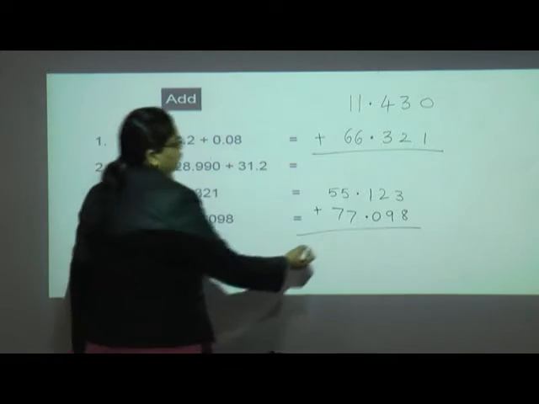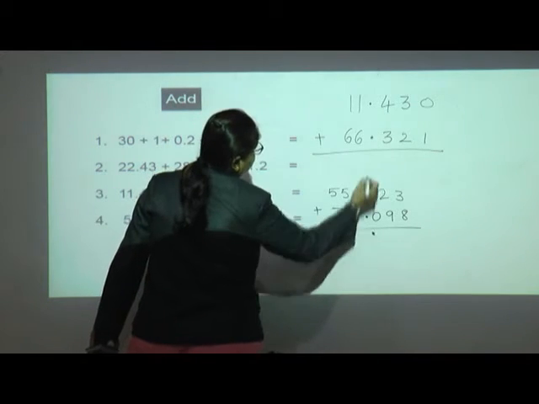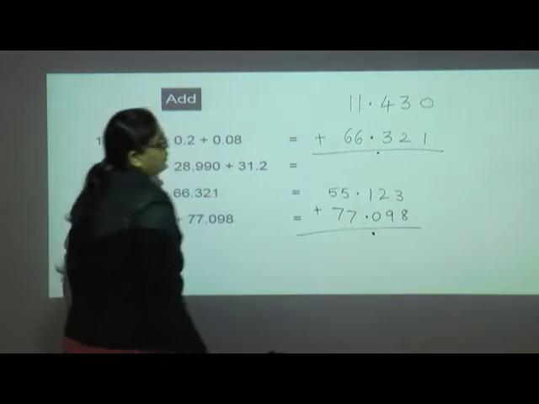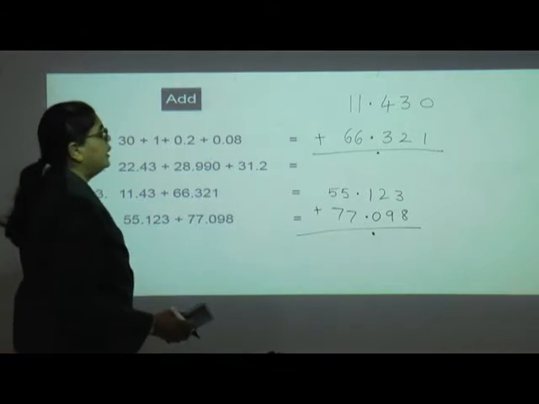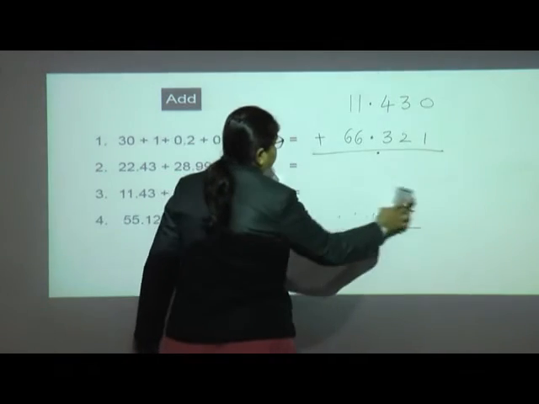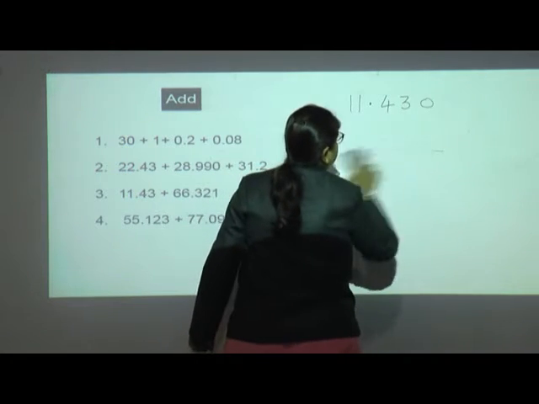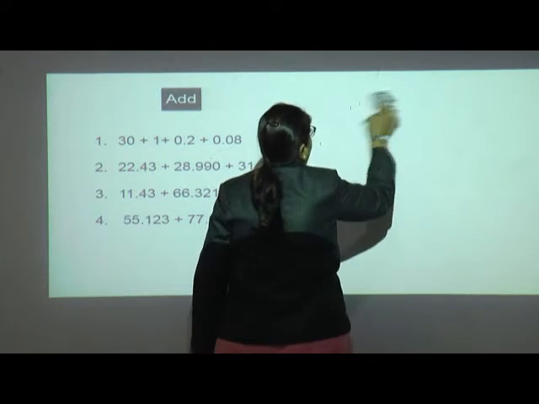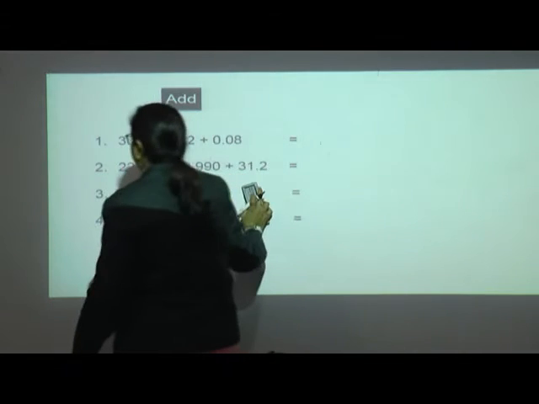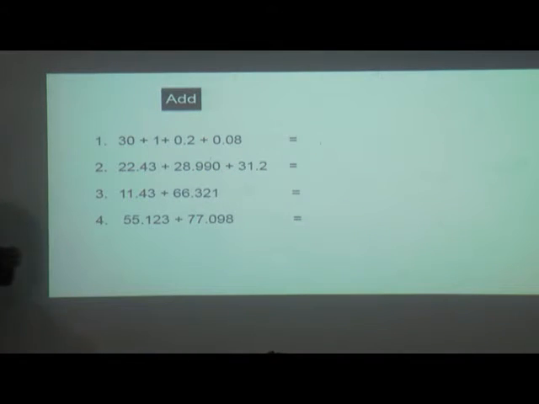Now when you add, your decimal point should come exactly here, and you add the numbers normally and find the answer of the addition of the given decimal numbers. In this way we have learned about addition.